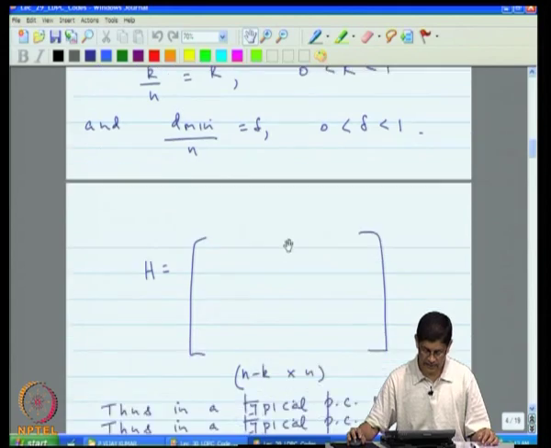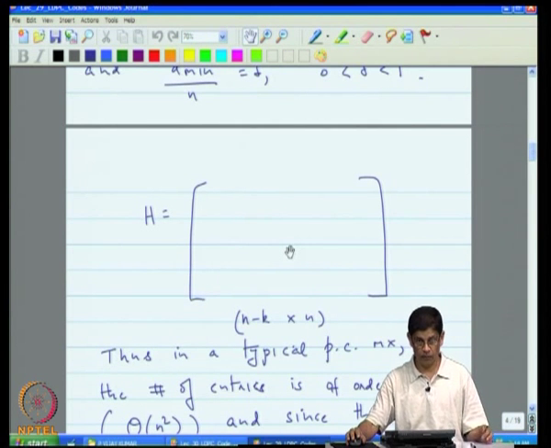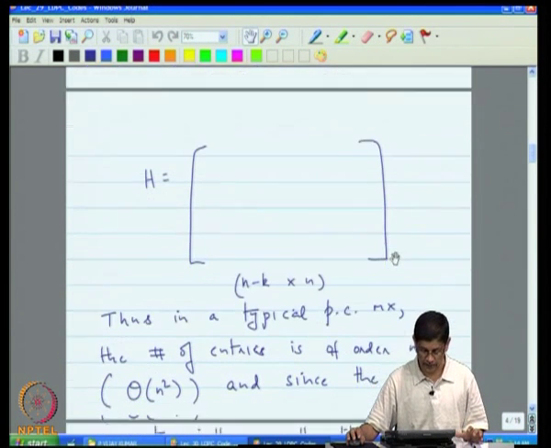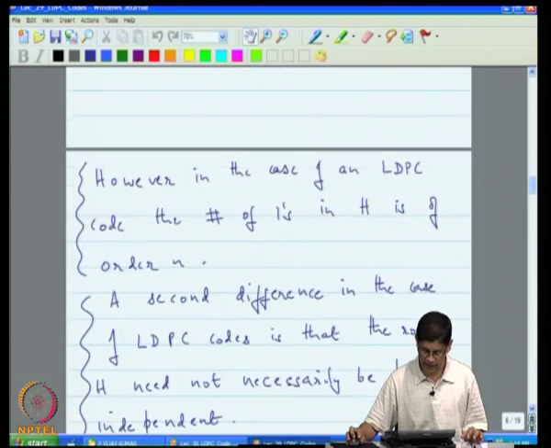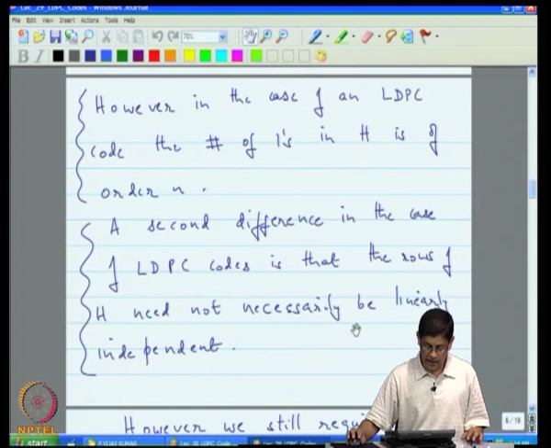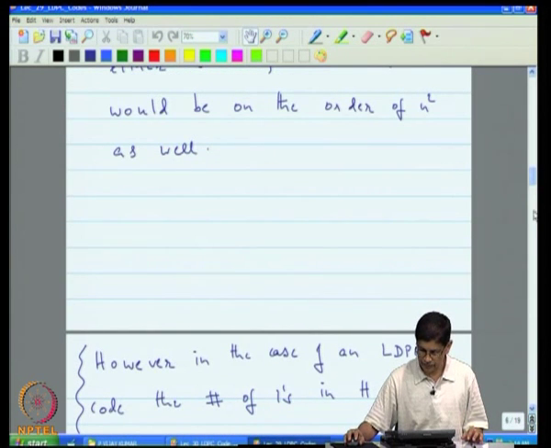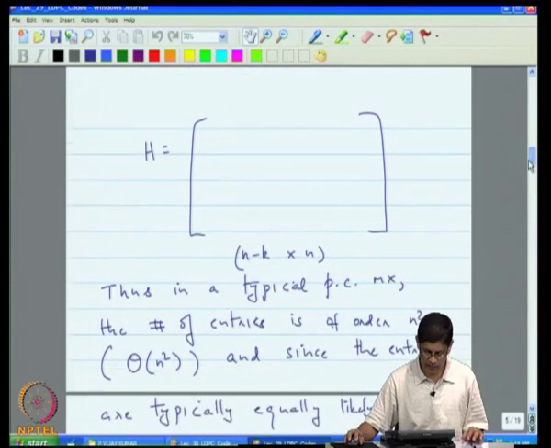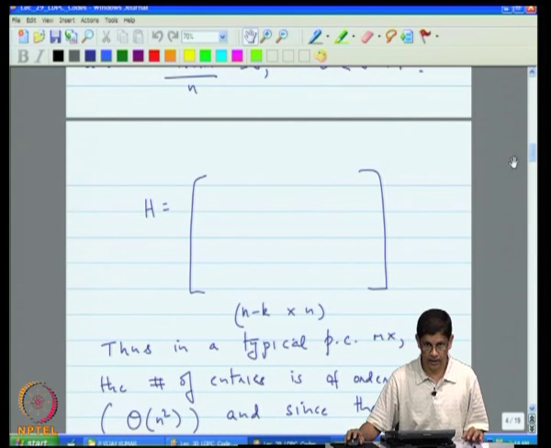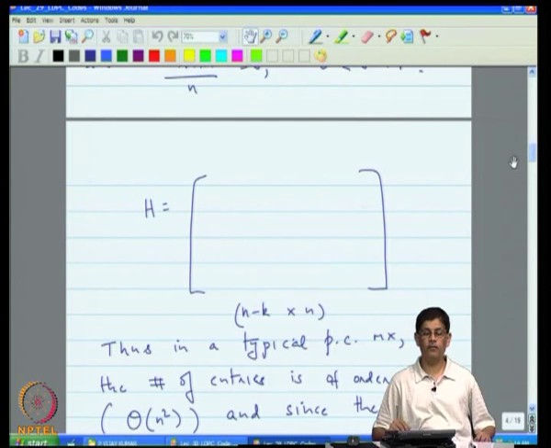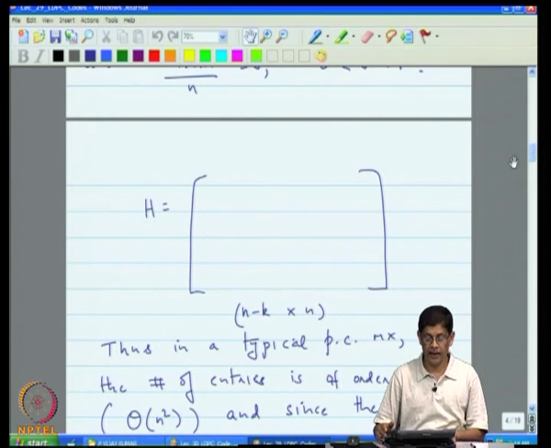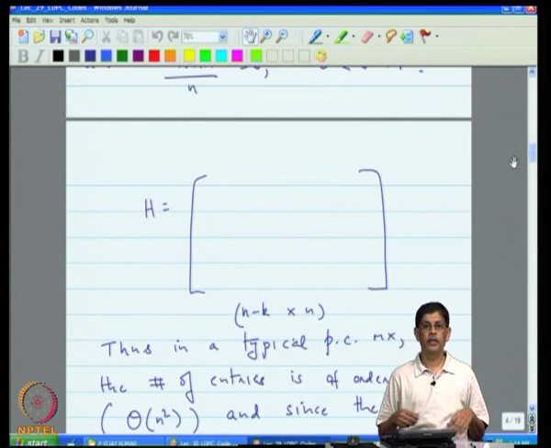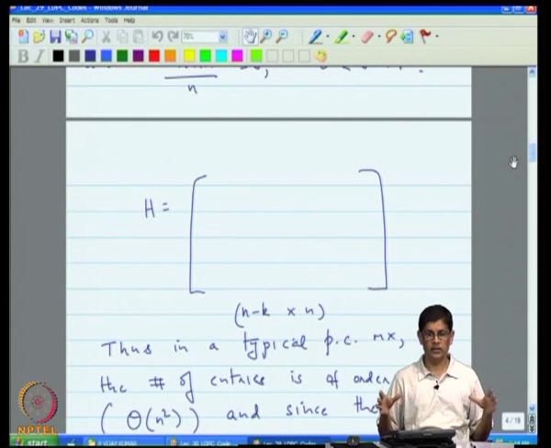And I told you that whereas in a typical matrix the number of ones in the matrix would be of order n squared, in the case of an LDPC code it is typically on the order of n. And a second difference is that LDPC codes are described in terms of their parity check matrix, and while it is customary for the rows of the parity check matrix to be linearly independent in what we have discussed up to now, when we come to the topic of LDPC codes, it turns out that needs some relaxation.